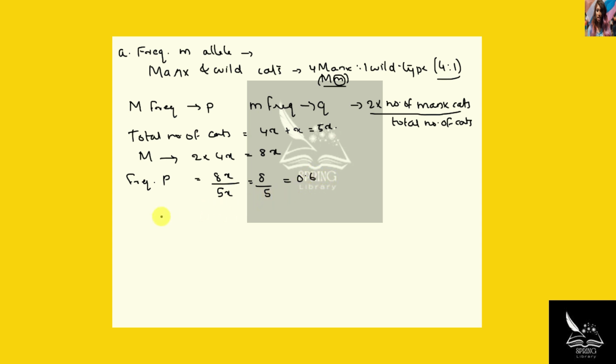So the frequency of the small letter m allele, that is Q, can be calculated by subtracting the frequency of the capital M allele from 1, since there are only 2 alleles in the population. So Q equals 1 minus P, that is 1 minus 0.6, which is equal to 0.4. Therefore the frequency of the small letter m allele in the population is 0.4.